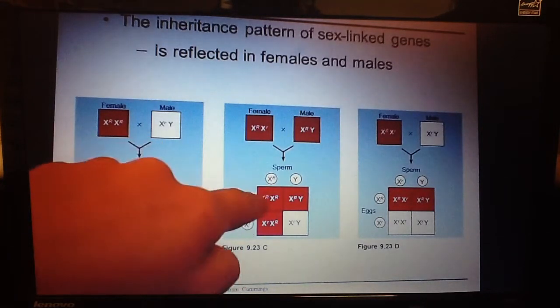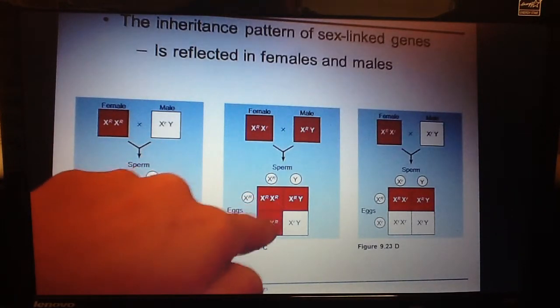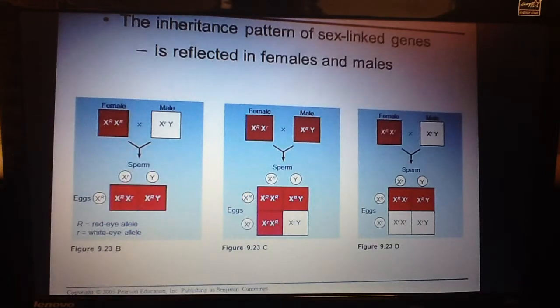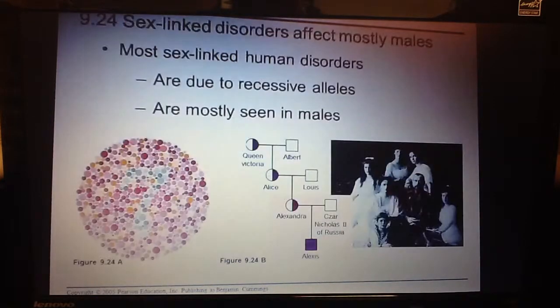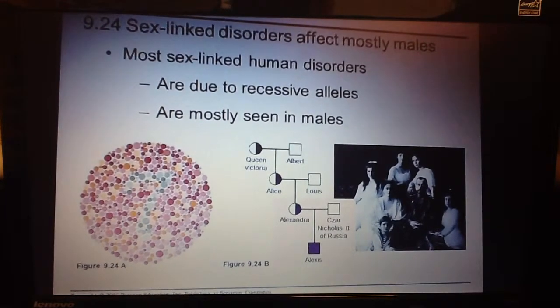Whereas with a female, there's a chance of the second X carrying the dominant trait, which hides the recessive. So sex-linked disorders most often affect males, because most sex-linked disorders are recessive, and therefore they're more likely to show up as the only allele in males, whereas females are more likely to be carriers who hide it.